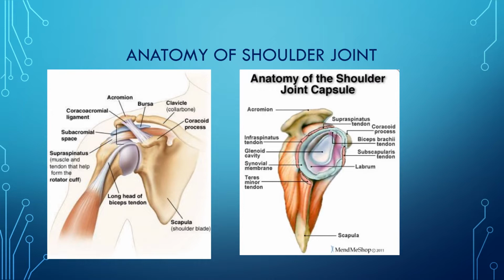For example, the long head of biceps tendon comes over the capsule, and it can be palpable in the bicipital groove of the humerus. You also have the large rotator cuff tendon coming in that slides underneath the subacromial bursa and acromion above.